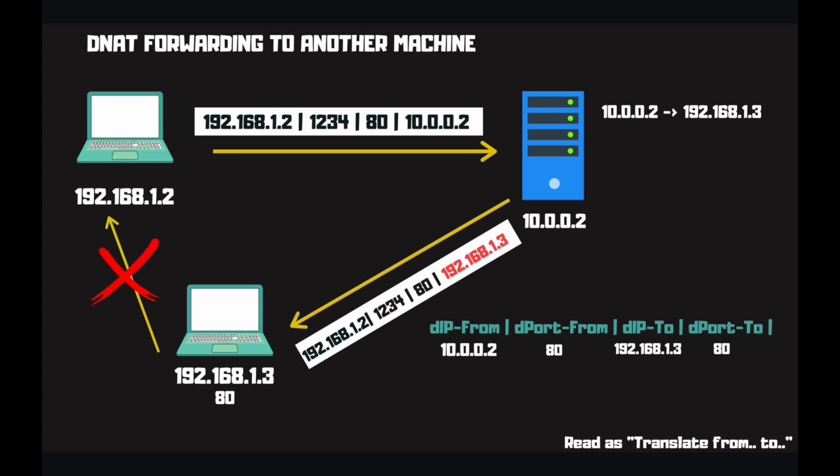You just changed the destination. So it's going to reply to this guy, and the guy says, I don't know you. Where is this packet coming from? It's going to drop it. And when that packet drops, you're going to get an error, or you're going to get a retry, and then you're not going to see anything.